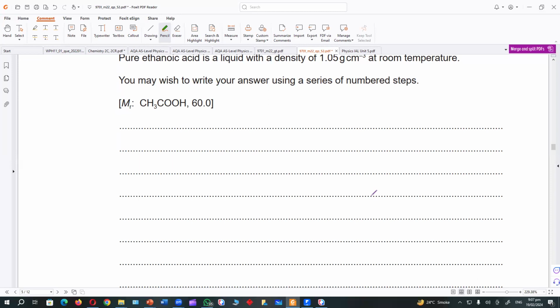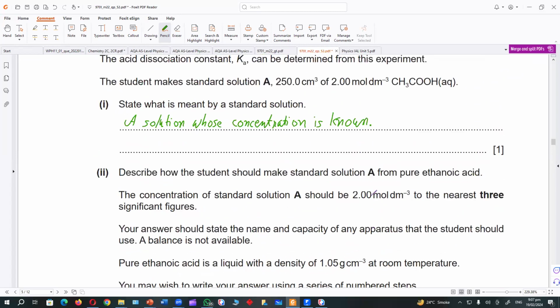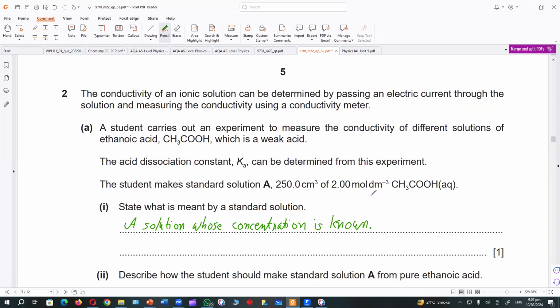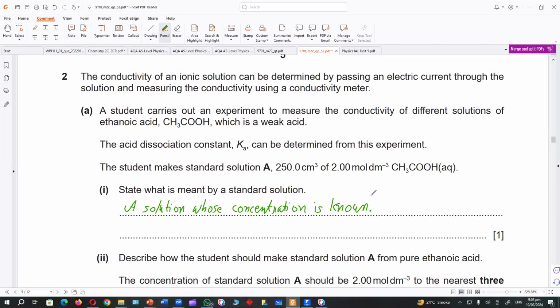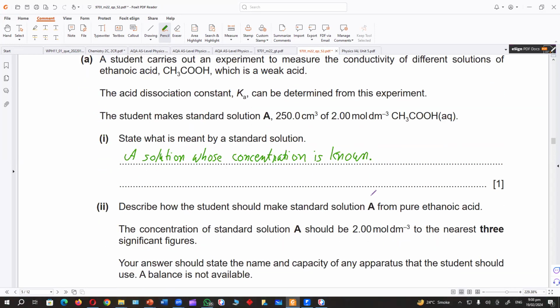What volume should we take? That's the first thing to discuss. Can't we take any volume? No, actually, then how do we make the required solution? That will be a problem. Because we need 250 cm³ of 2 mol per dm³.